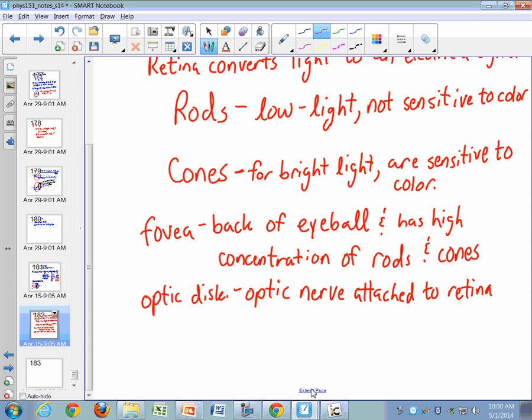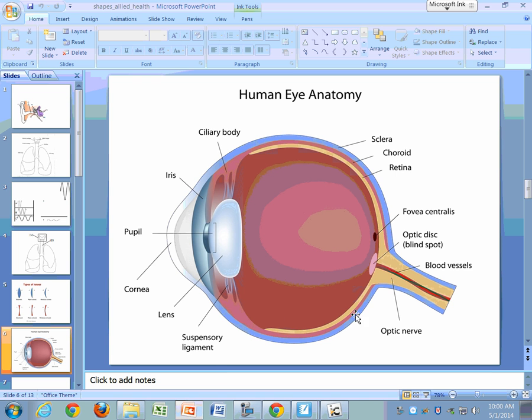That's where the optic nerve is attached to the retina. There are no cones here. So this is like a blind spot on your retina. If you look on that image, actually let me pull it back up again. It's right here.